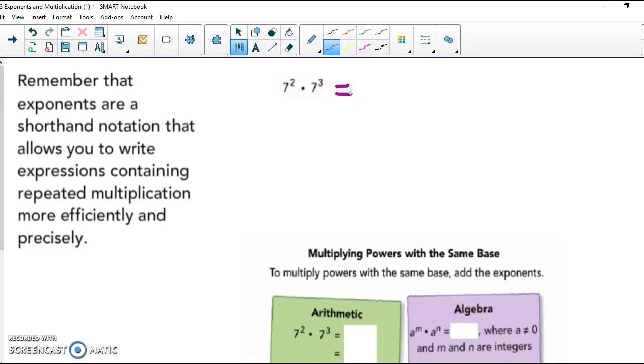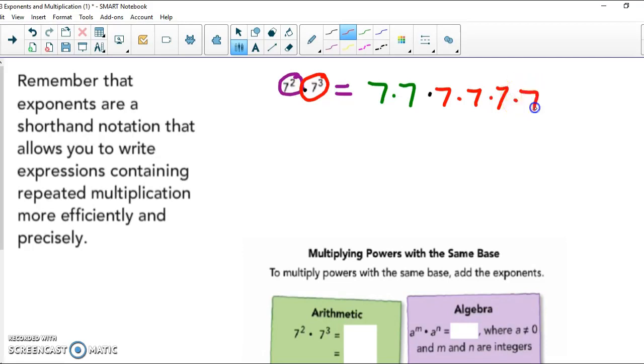what's going to happen is sometimes unexpected, but when we stop and think about it, it actually makes a lot of sense. So for example, when I say 7 squared, that means I'm doing 7 times 7, right? And then I'm going to multiply that by 7 cubed, which means 7 times 7 times 7.